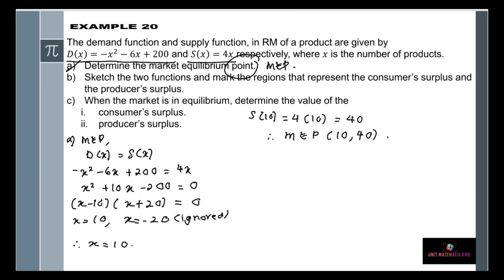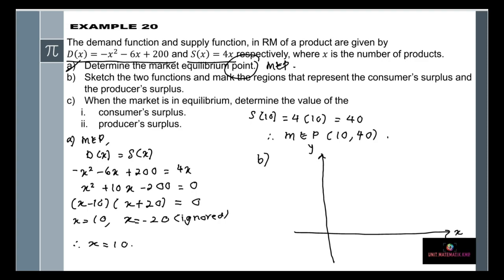Question B, we have to sketch the two functions. D(x) is quadratic and S(x) is linear. So basically we should have something like this. This one is x, and this one is y.